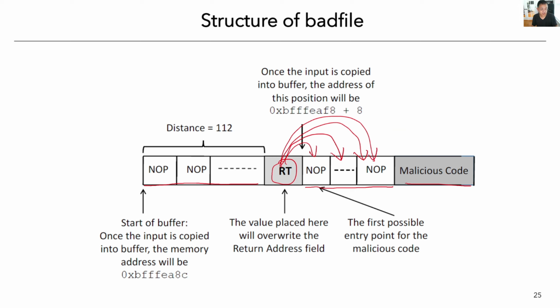This will give you a successful shellcode execution. You can also add an instruction, say a jump instruction, before the return address. Now you can point to here, here, or here.